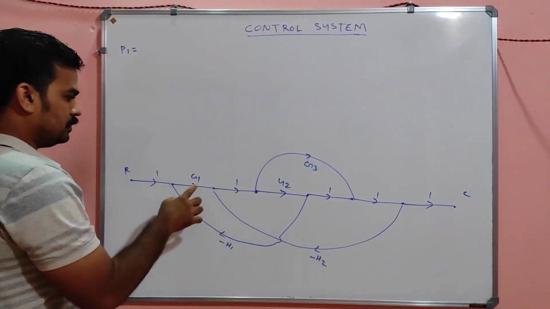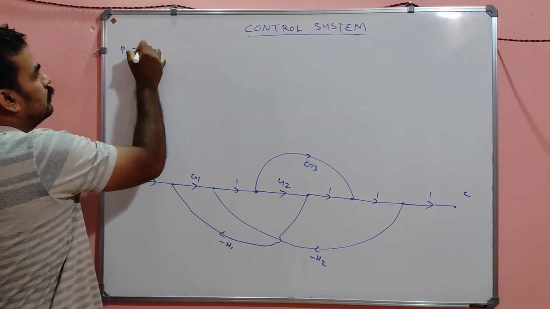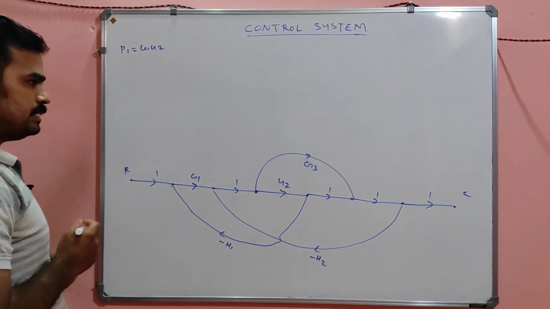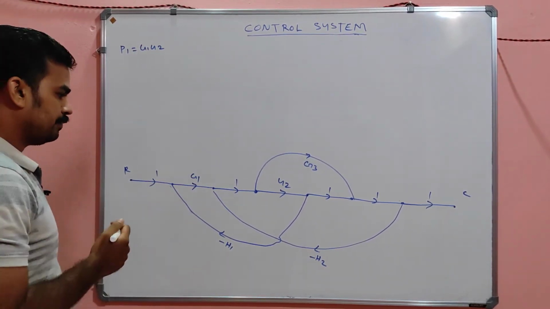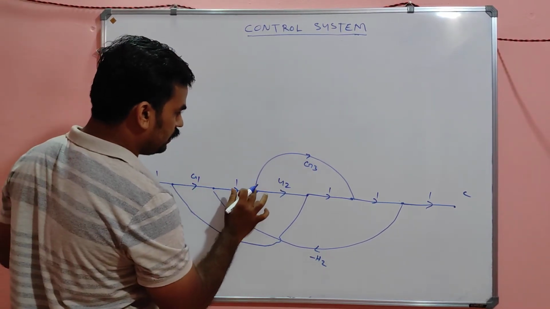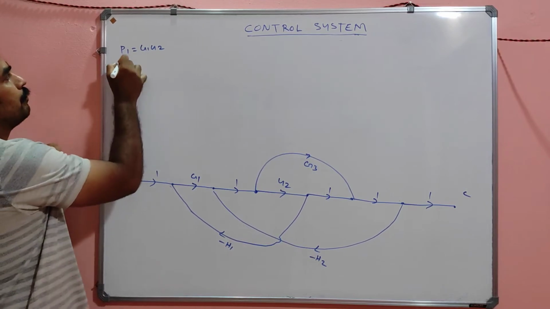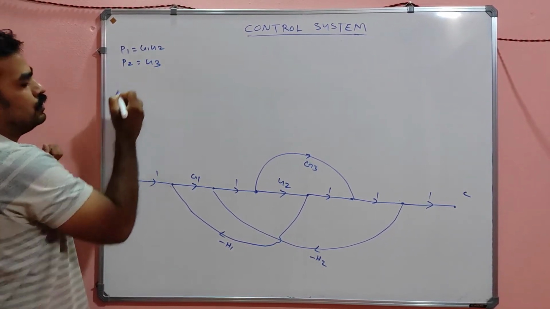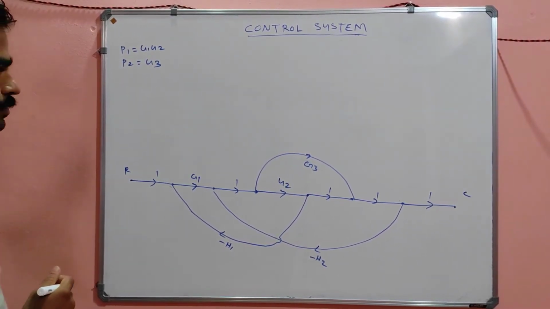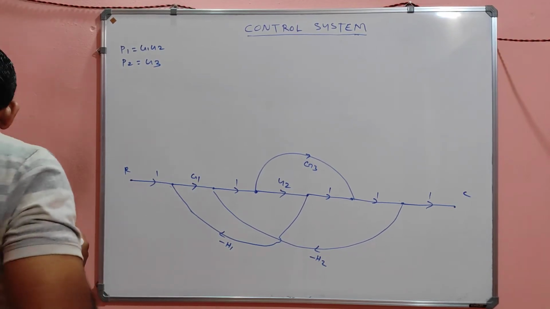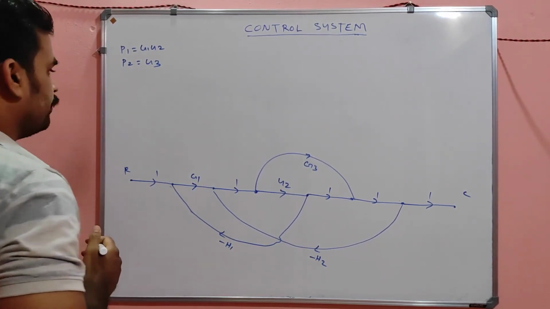This is one forward path, G1 G2, my dears. Is there any other forward path? Yes, of course. Here to here, it is a jump, and here to here. So it will be only G3. Is there any other forward path now? No. Only P1 and P2 are there.